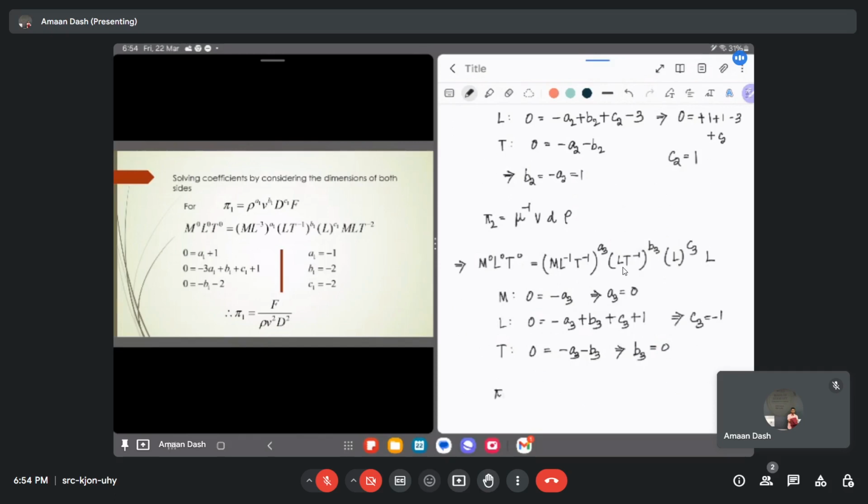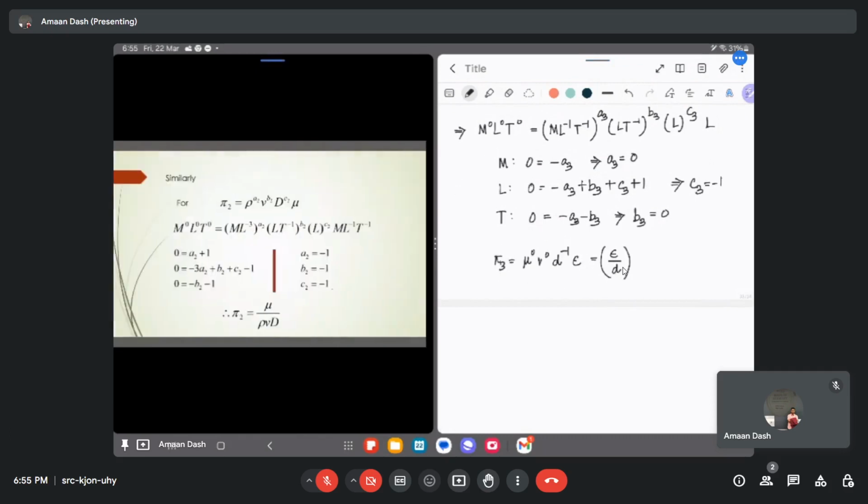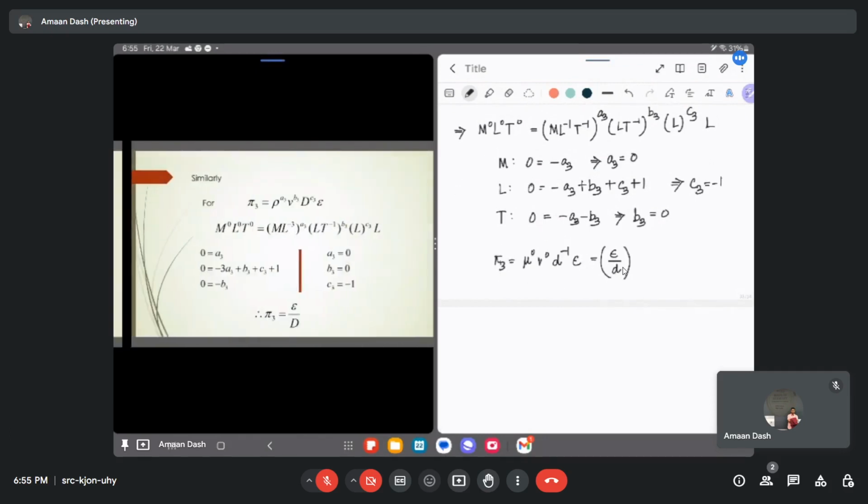So we can write pi 3 as mu to the power of 0, v to the power of 0, t to the power of minus 1 and epsilon. That is nothing but epsilon by d. Right? So what we got are dimensionless parameters.